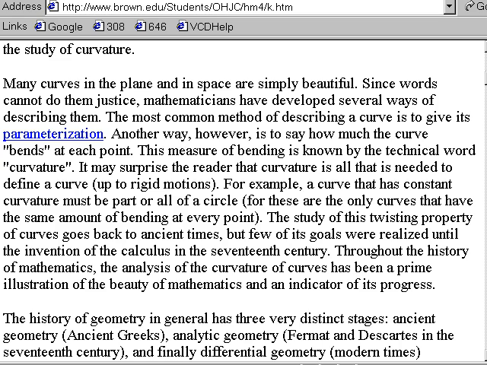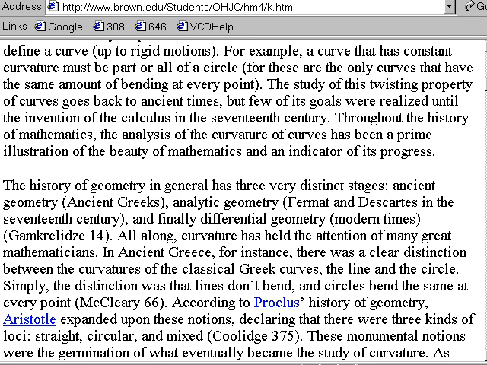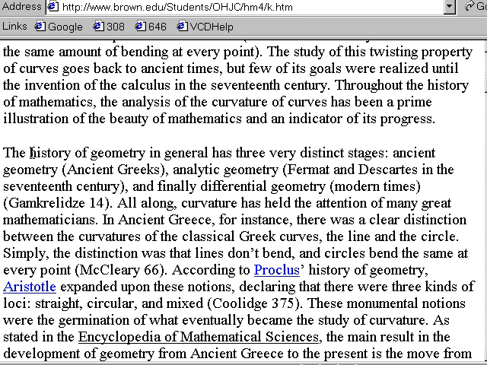Okay, so let's go back to the first link, which is the history of curvature. The idea of curvature actually goes back to Aristotle. And this is a very nice summary here. So the geometry history goes from the ancient Greeks, which we've studied, to Fermat and Descartes in the era of analytic geometry in the 1700s, and finally differential geometry.